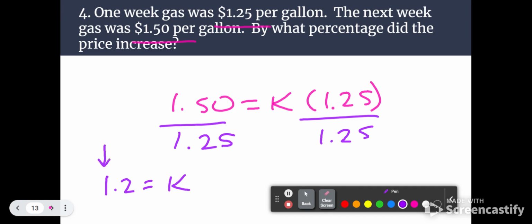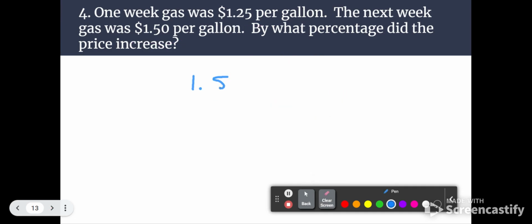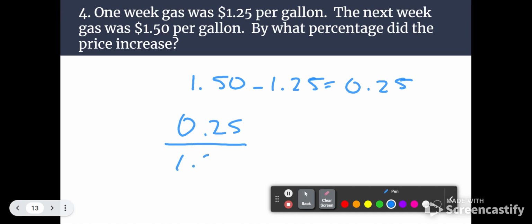The 100% represents the original. This is the original, this is the increase. So it's a 20% increase. If I go the other direction, if I take the $1.50, that's my new, minus what it was, I get a 25-cent increase. If I want to know what percent of the original that is, it is 20%. Two different things.